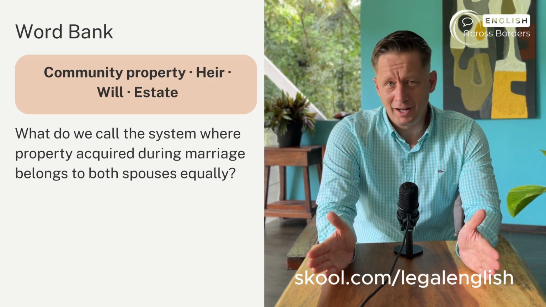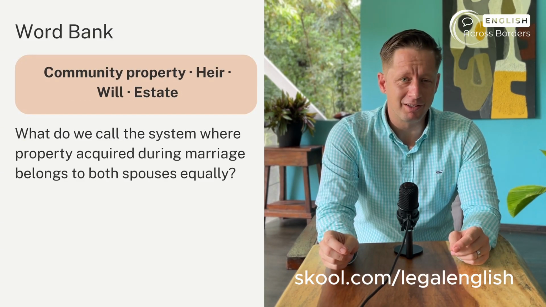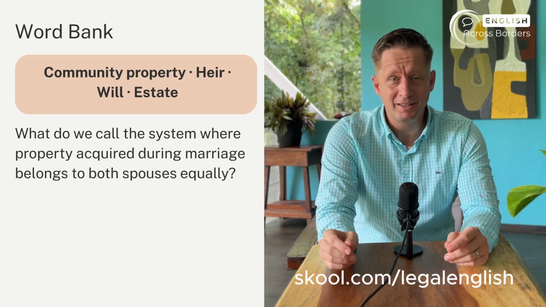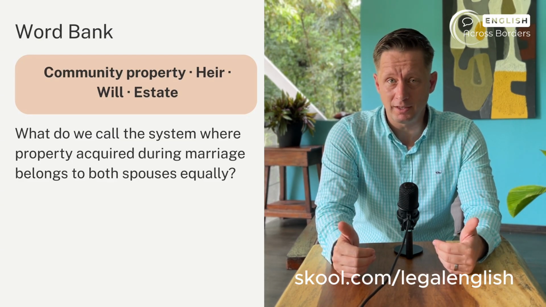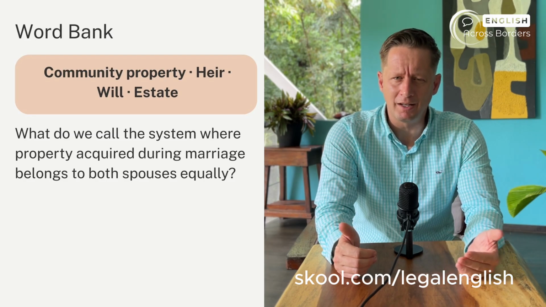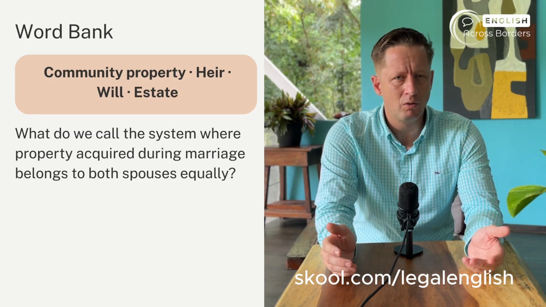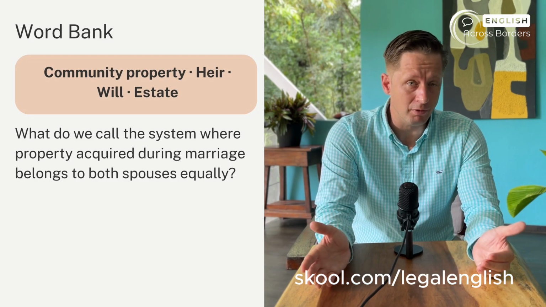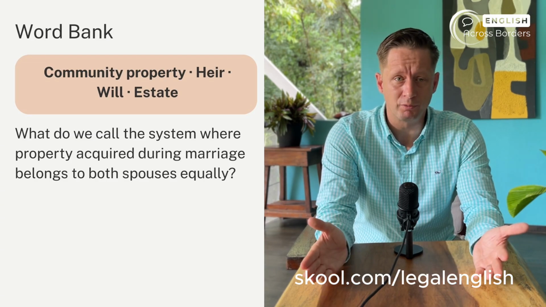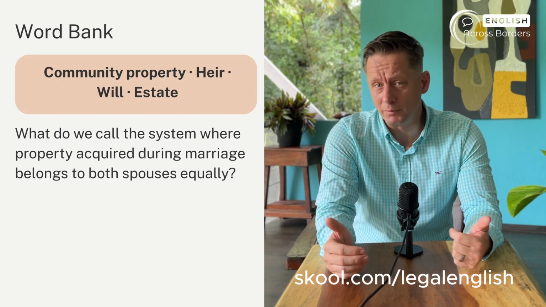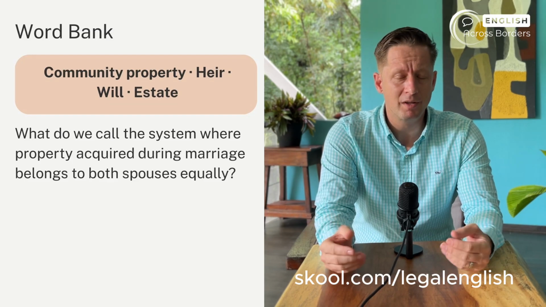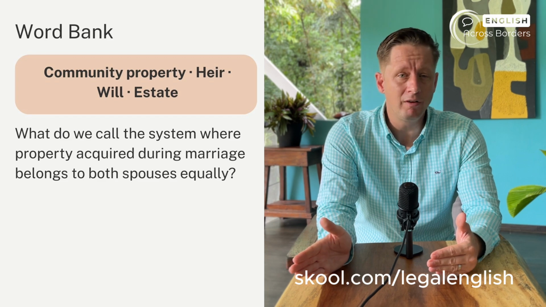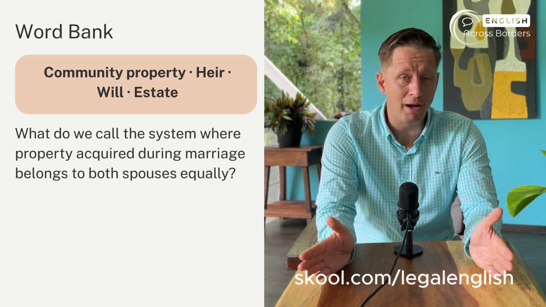Now, let's try another. Imagine a foreign client, Mr. Johnson, is married to a Costa Rican woman. He says, we bought a house together. If I die, will she inherit everything or just part of it? You explain, in Costa Rica and in many countries around the world, there is a system called community property. This means that anything acquired during marriage already belongs equally to both spouses.